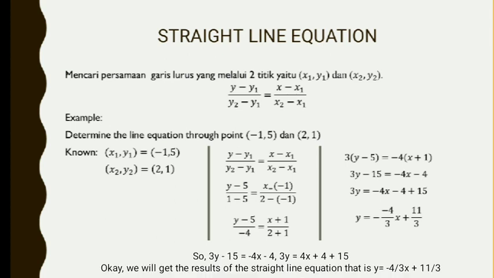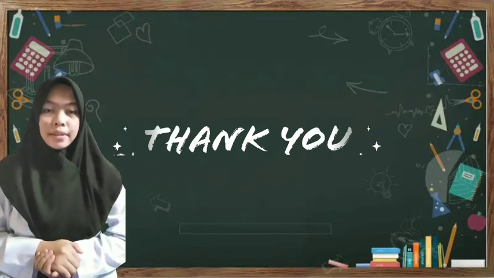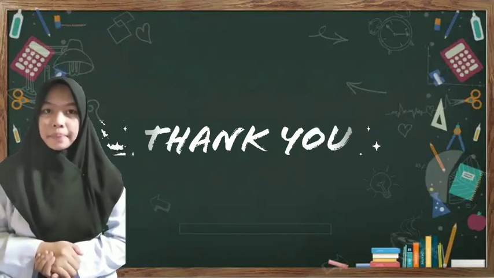So 3y minus 15 equals minus 4x minus 4. 3y equals minus 4x minus 4 plus 15. We get the result of the straight line equation, that is y equals minus 4 over 3 x plus 11 over 3.